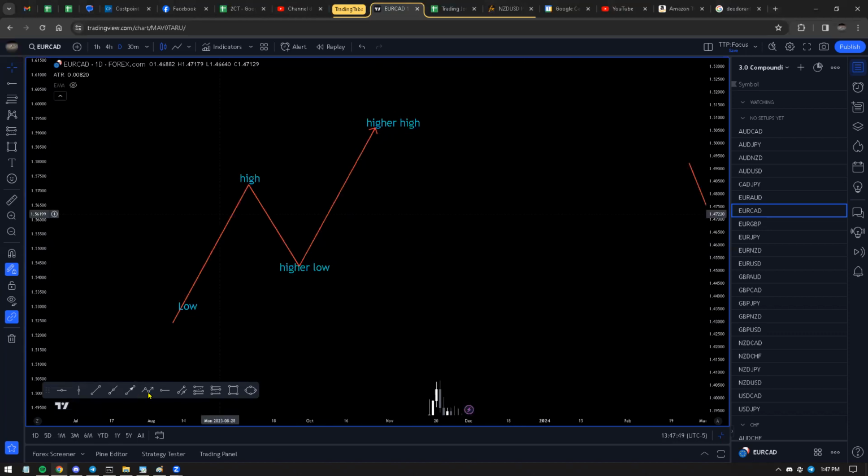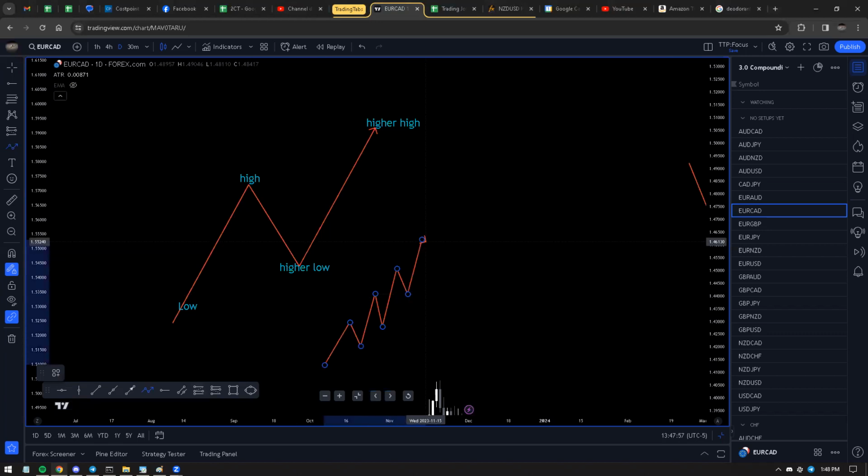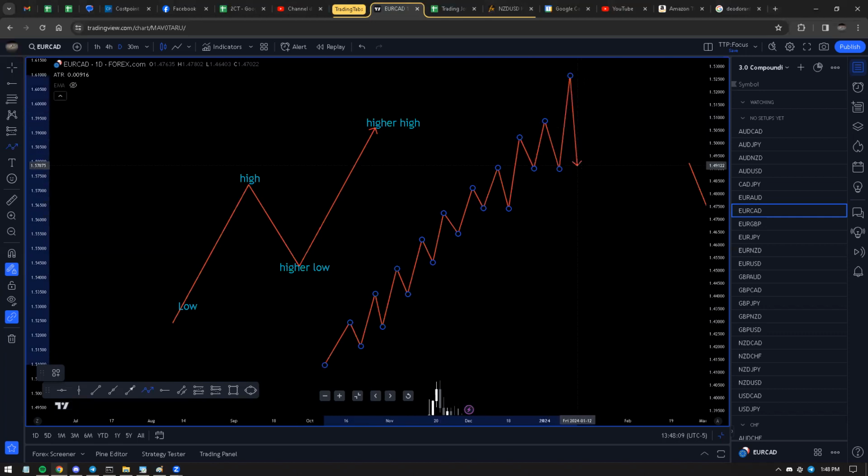We will look at when you have an uptrend, you will generally continue making higher highs and higher lows all the way up. And we consider this still a valid uptrend. It could pull all the way back to that low and continue going up. It could pull all the way back again and continue going up.